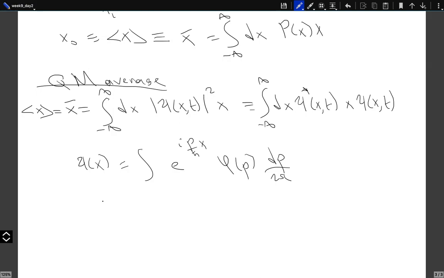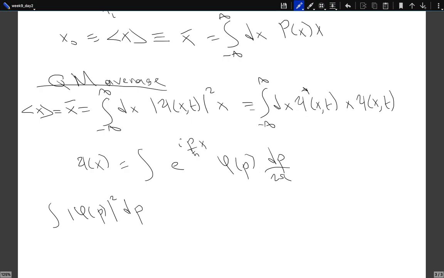And then first let's see what is the psi of x. Sorry. Let us try to see what is phi of p squared dp.